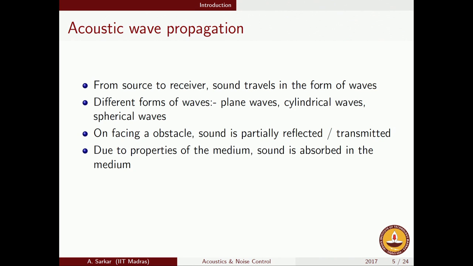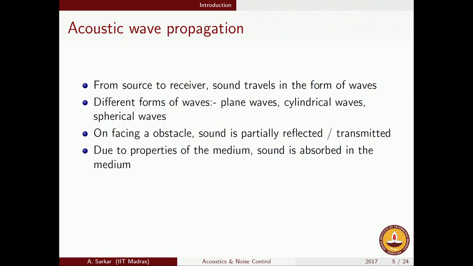Sound does not travel beyond a certain distance because the sound essentially gets attenuated. That is because the medium will have certain losses. So, all that is generated does not reach the point of reception, because there is definitely a natural attenuation associated with the medium.